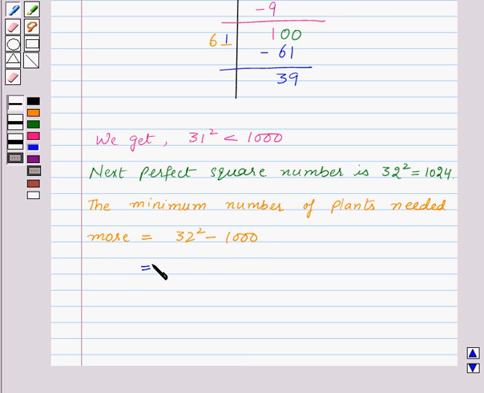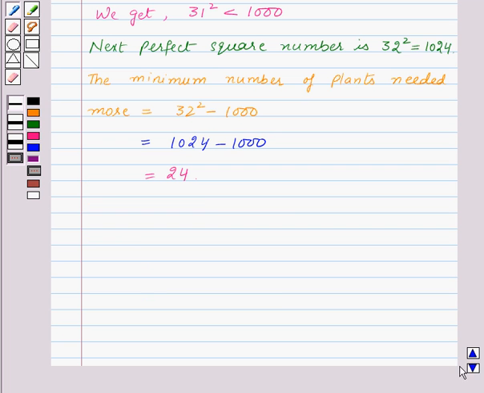That is equal to 32 square is 1024 minus 1000, and that is equal to 24. Thus, our answer for this question is 24 plants.